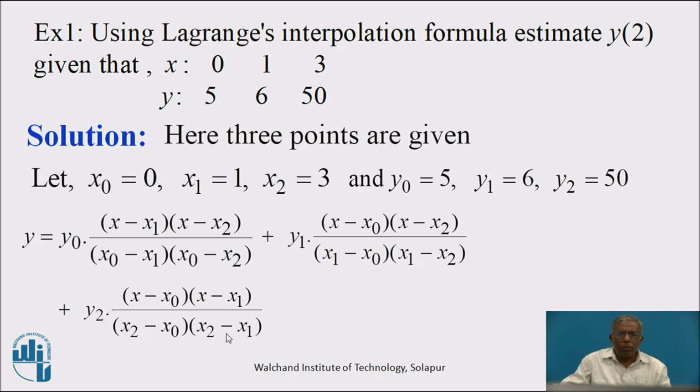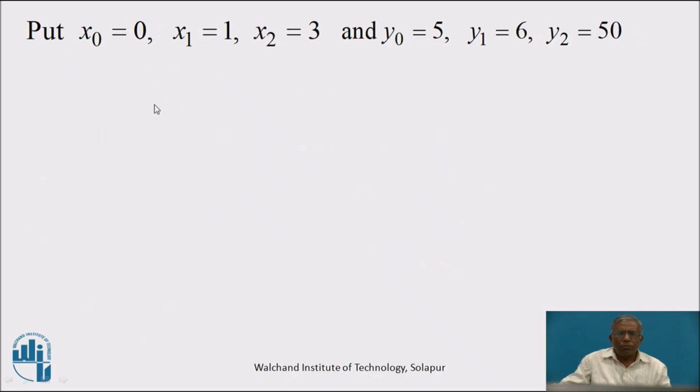Now in this formula substitute the values of x0, x1, x2 and y0, y1, y2. So x0 is 0, x1 is 1, x2 is 3 and y0 is 5, y1 is 6 and y2 is 50.